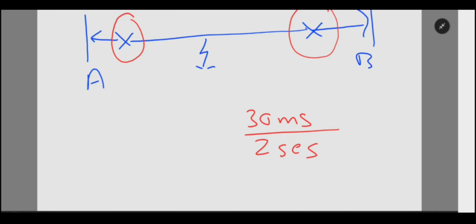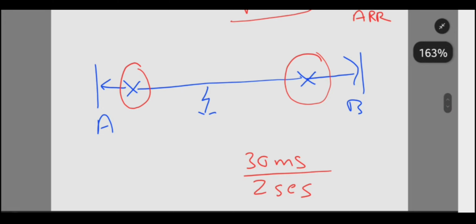After 30 milliseconds, the relay will give a close command to the breaker, to both side breakers. Once the breaker trips, the relay will give a close command to the breaker. Now the breaker will close at the A and the B side, both sides, and after the breaker closes, once again the relay will sense the fault.